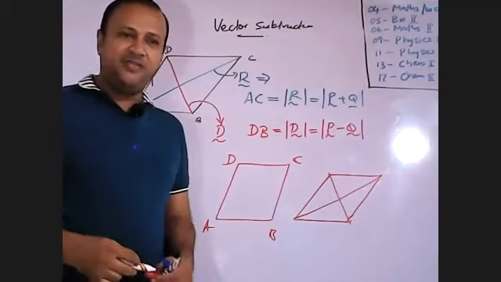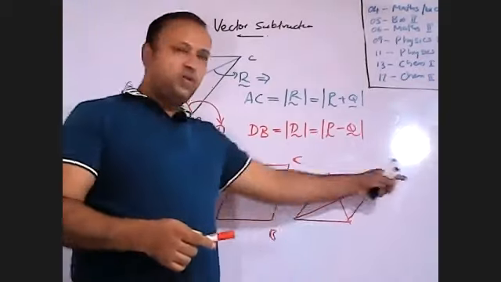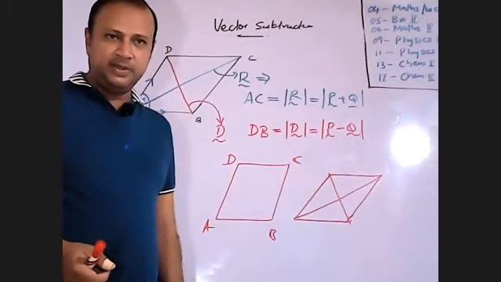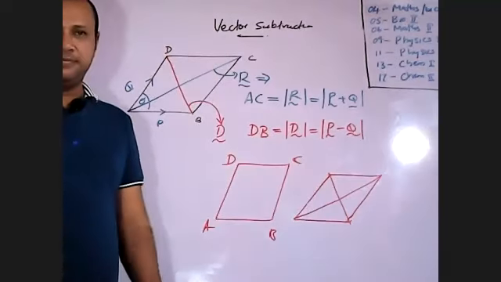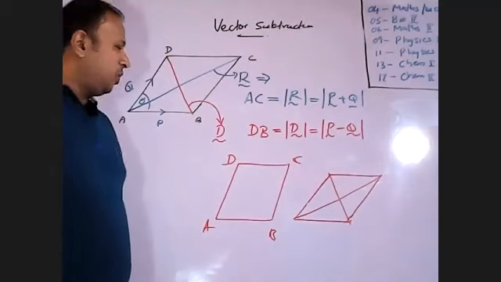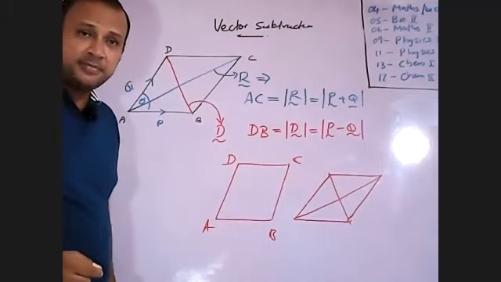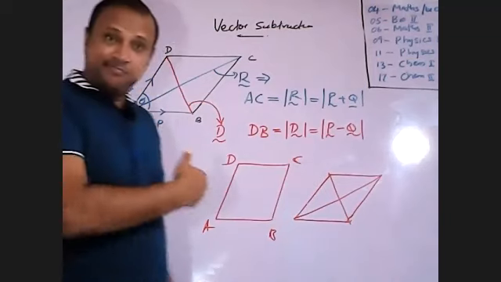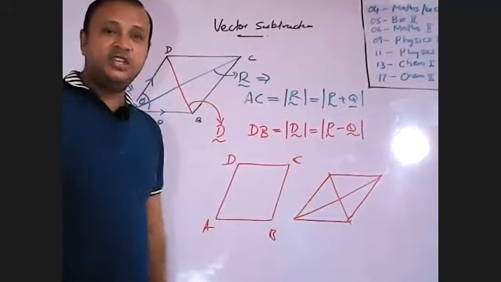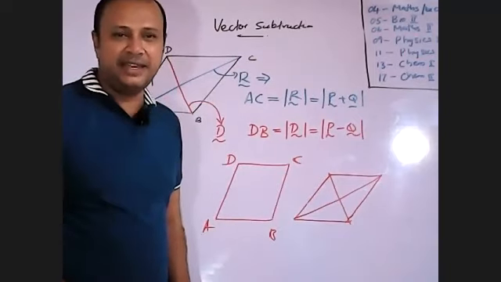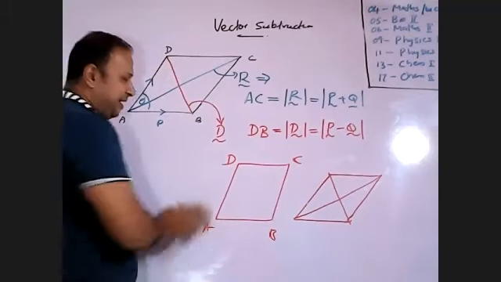If it is a diamond shape, definitely the lengths of the two diagonals should not be equal. So it cannot be a rhombus. So if two diagonals are equal in length, this parallelogram should be a square or a rectangle. Square or rectangle. Right?